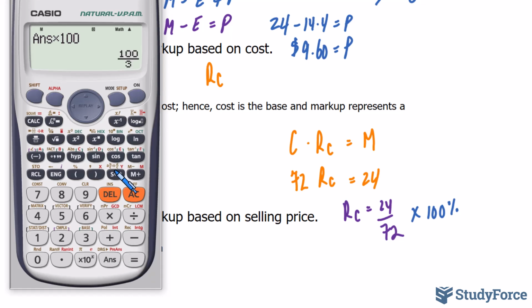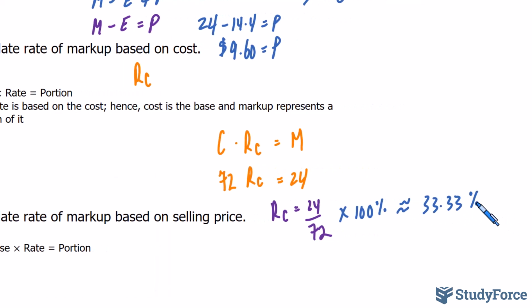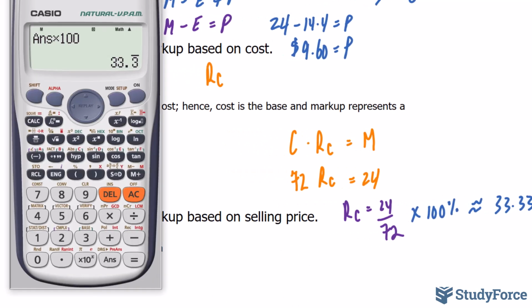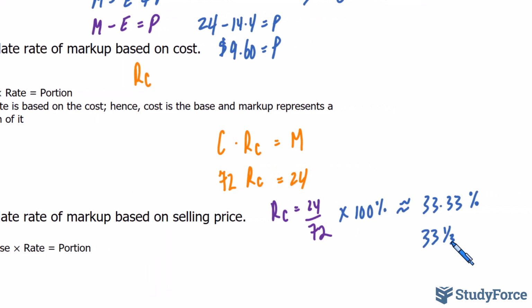And writing this to two decimal places should give us roughly 33.33%. Now, if you want, you can write this in exact form as a fraction as well. So changing this into a mixed number fraction, we get 33 and a third percent exactly. So that is the rate of markup based on the cost.